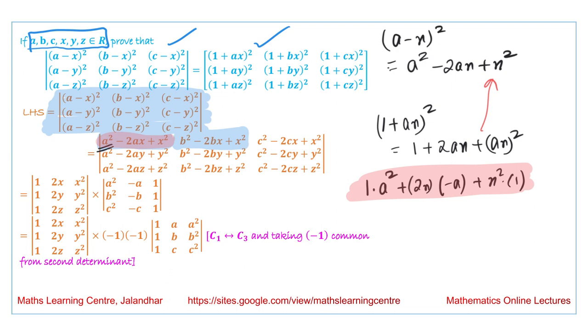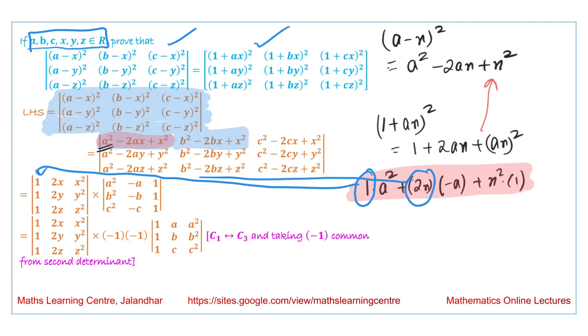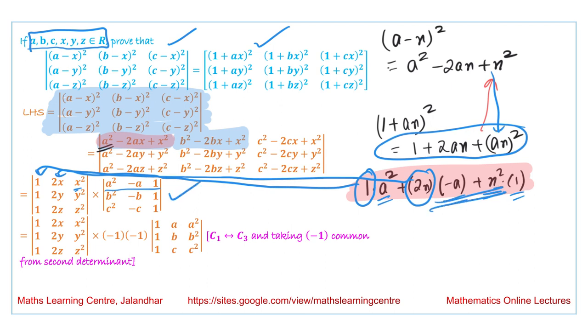So what we can see is, this value 1 is there. We have separated it into two different determinants. We have written this determinant as a product of two determinants, and it is x square over here. Similarly, the rest of the terms are a square, minus a and 1, because we want to adjust these values of a. So we have separated the values of a.